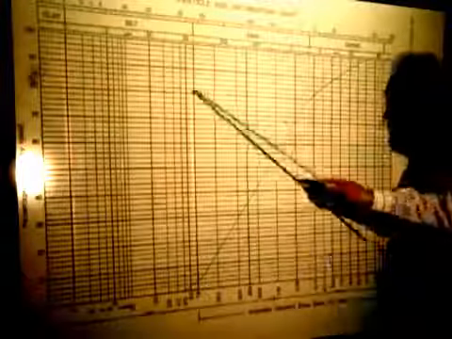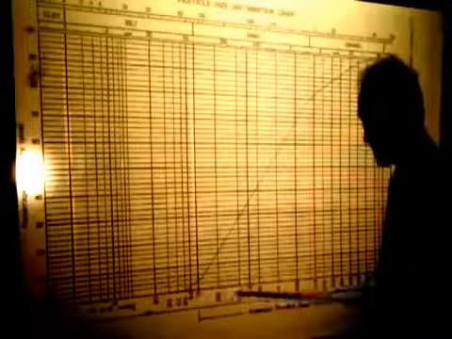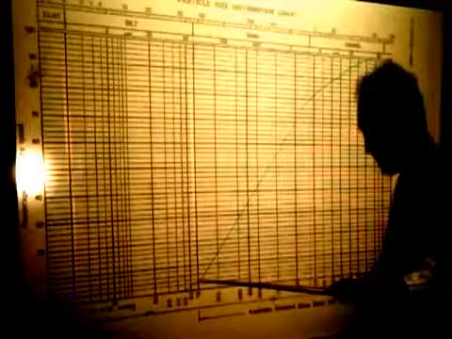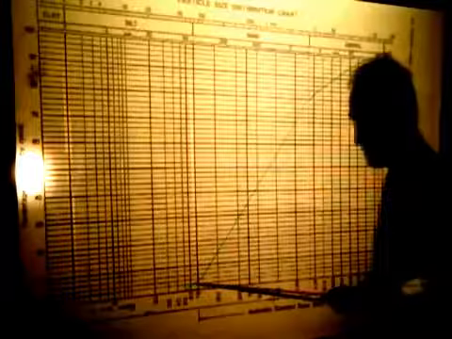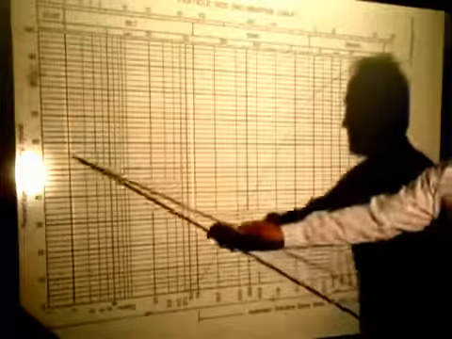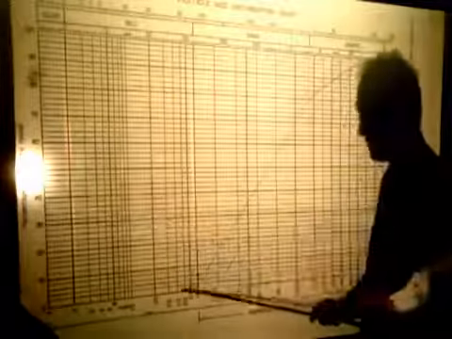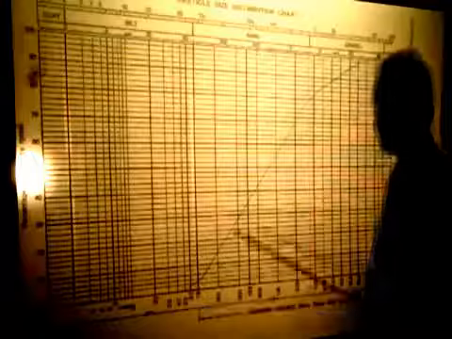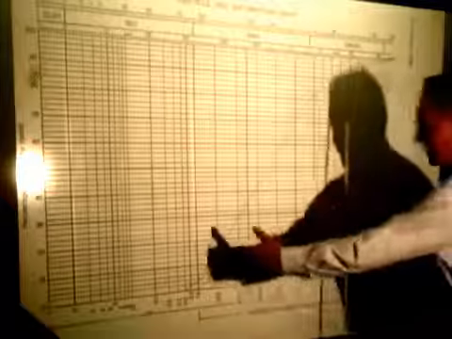The intersection here between the fines and the coarse cuts at 3%, so there's 3% fines, and because the fines are all within the silt area, the 3% are all silts. And in between here, in between the gravels and the silts, in this band here, we have the sands.